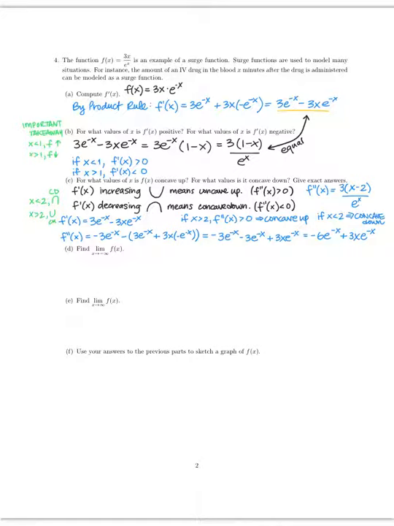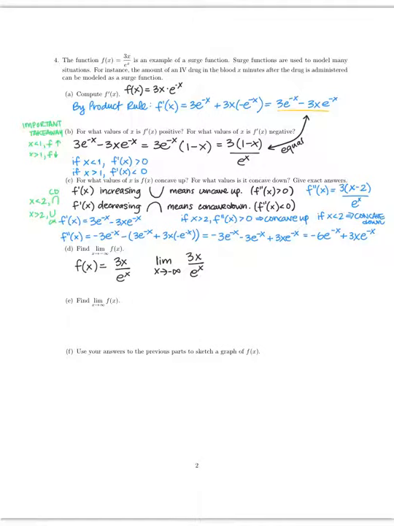All right, moving right along, we're now asked what's the limit as x approaches negative infinity for just the function f? What's its limit behavior as x decreases without bound? All right, let's rewrite the function down here nice and fresh. So if we're asking about the limit of f as x goes to negative infinity, we're asking about the limit of 3x over e to the x as x goes to negative infinity. We know that the denominator goes to 0 as x decreases without bound.